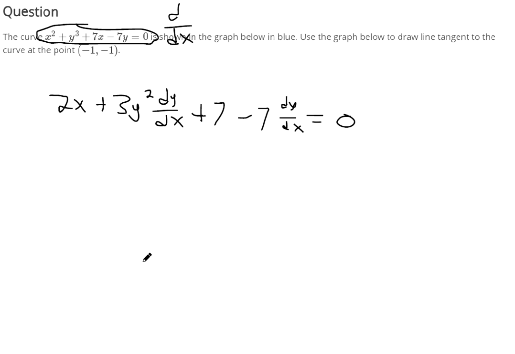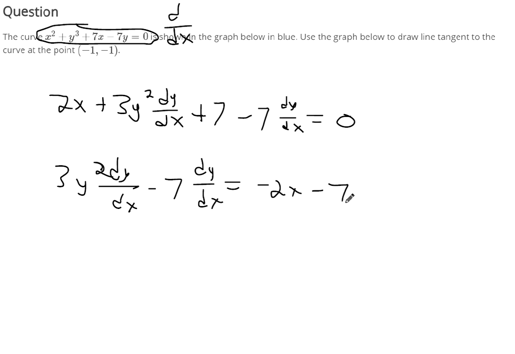Okay, and so to finish this out, we're looking for a slope at that point, right? So we want to know what dy/dx is. So I'm going to get rid of these two terms because they have nothing to do with dy/dx. Let's get everything with dy/dx on one side of the equation. So I'm going to subtract that 7 and subtract that 2x from both sides.